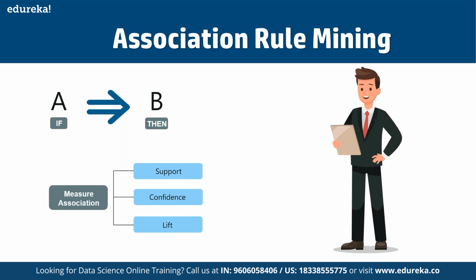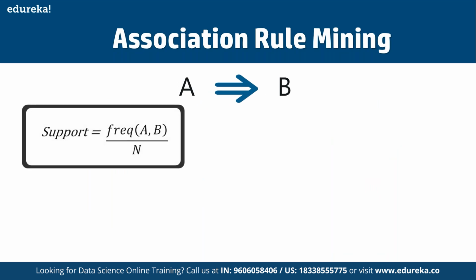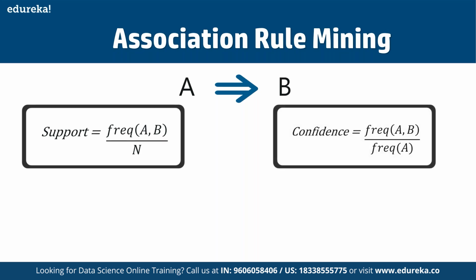Support gives the fraction of transactions which contain item A. Basically, it is the fraction of transactions which contain items A and B. Support tells us about the frequency, that is, the frequently bought items or combinations of items, and with this we can filter out the items that have a low frequency.